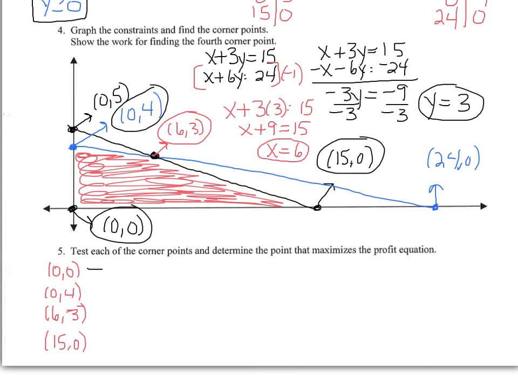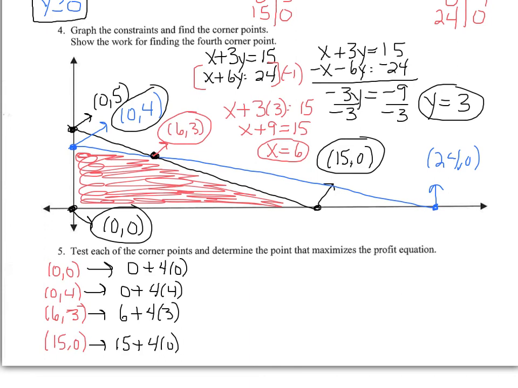So my profit equation is x plus 4y. In this case, I'm going to have 0 plus 4 times 0. In this next case, I'm going to have 0 plus 4 times 4. For the next one, I would have 6 plus 4 times 3. And for the last one, I would have 15 plus 4 times 0.